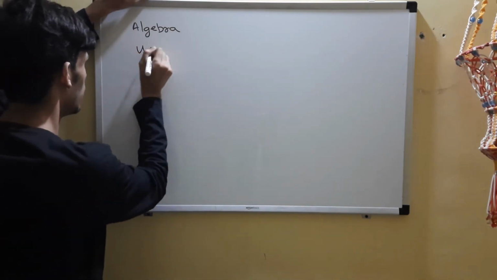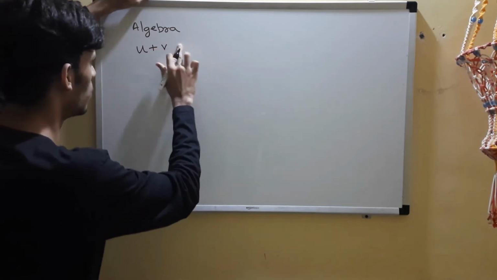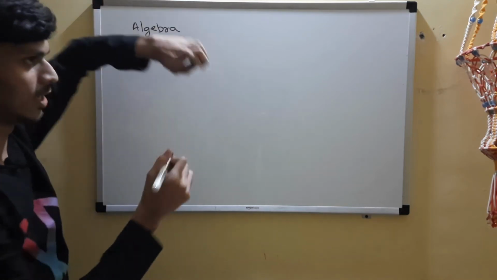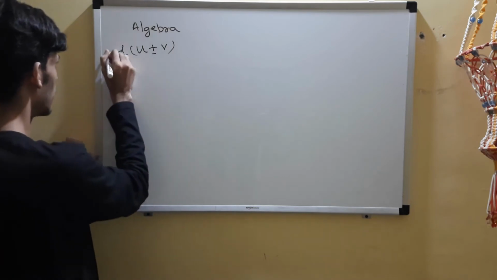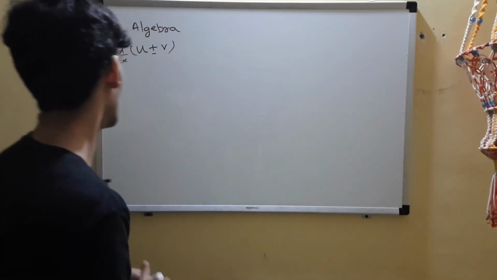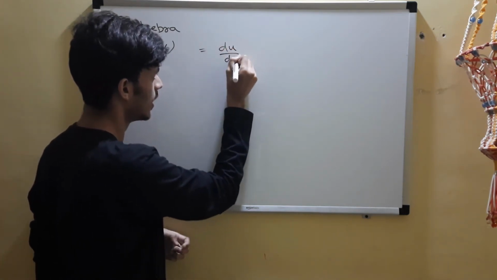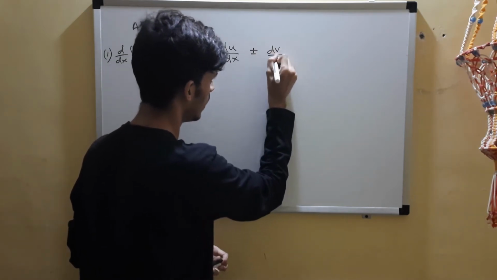We are adding those two functions, u plus v, and now you want to differentiate them. So d by dx of u plus v, whether the two functions are added or subtracted, it holds for either case. So this is one, addition or subtraction. What will happen is du by dx plus or minus dv by dx.